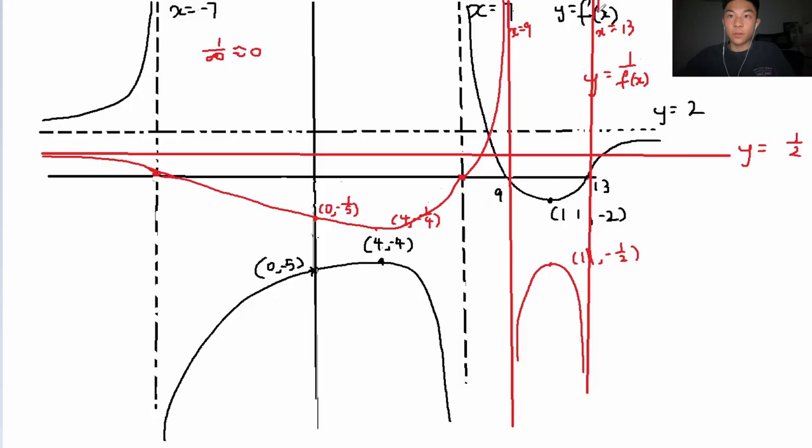So my graph will look like this. Right, it should be in the asymptote. And again, pay attention to your intercepts. It should be around y equals 1. Yep, and that's our answer.